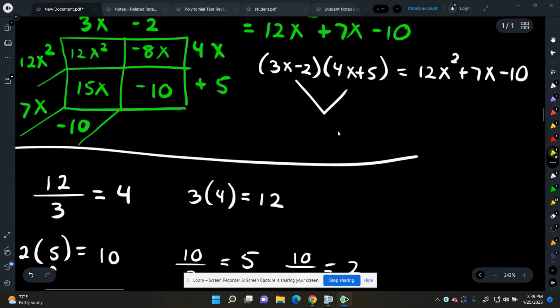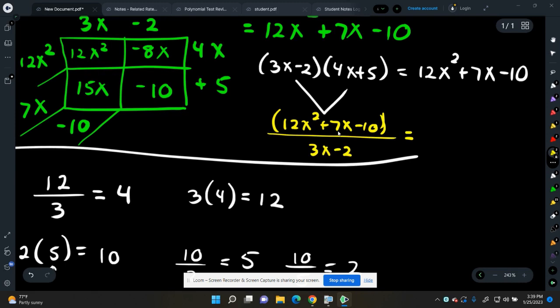That means if I take 12x squared plus 7x minus 10 and I divide that by 3x minus 2, what's that going to equal? It's going to equal 4x plus 5.